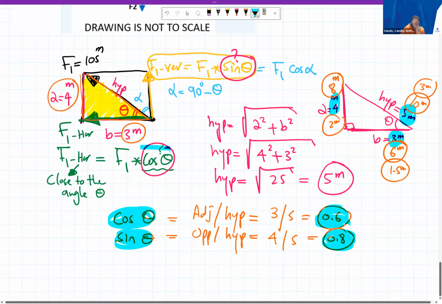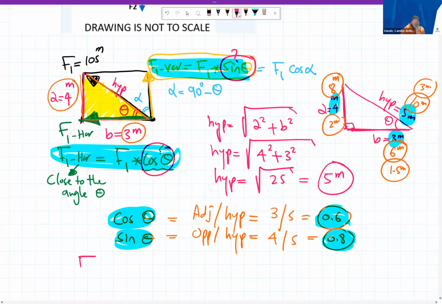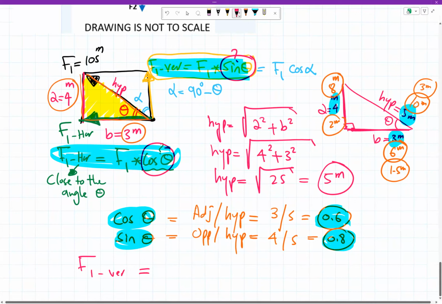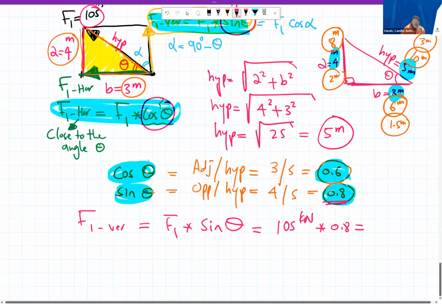If we want to find the horizontal component and vertical component, can you find them now? The F1 vertical component will be F1 times sine theta. F1 is 105 kilonewton, and sine is 0.8, so this gives us 84 kilonewton.